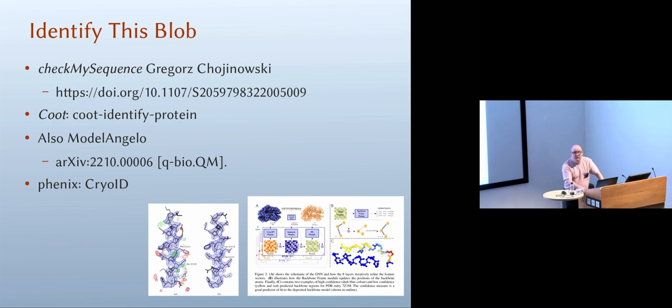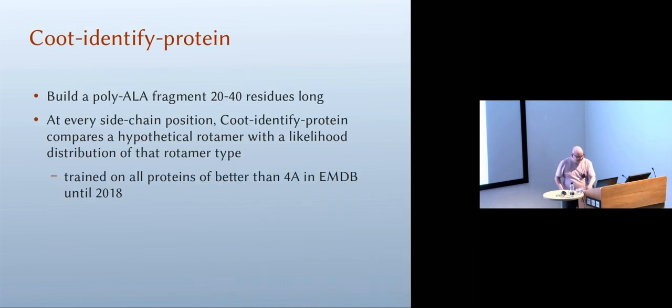They didn't know what it was, but they knew what the species was. If that is the situation, how can we go about identifying what the protein is? So that's the example here. We have a reconstruction. We know the set of sequences. We know the genome. Can we identify what the protein is? This is from the paper from Greg, and this is from the paper from Kiresh, which is under review.